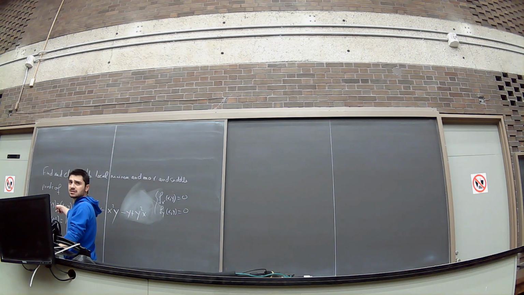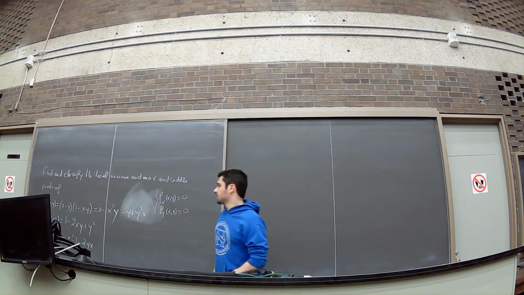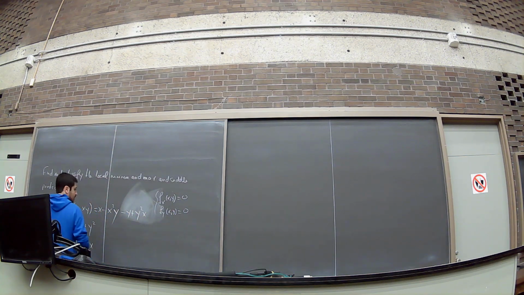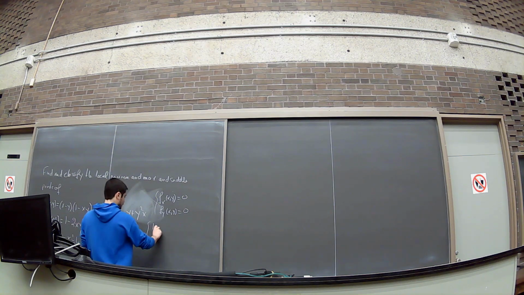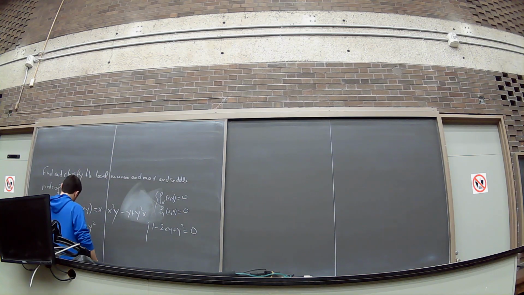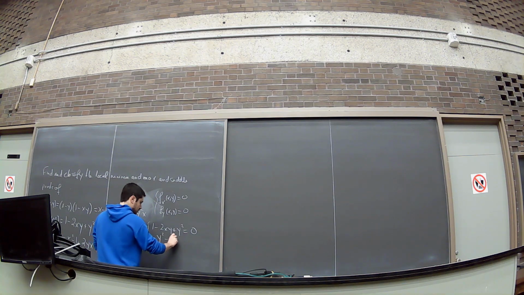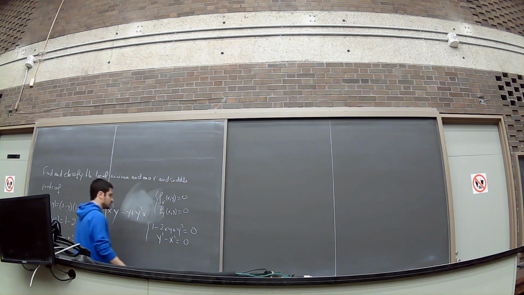I had this one. Okay, so let's add them both. This is equivalent to 1 minus 2xy plus y squared equal to 0. Adding them, I get y squared minus x squared equal to 0. Is that right?